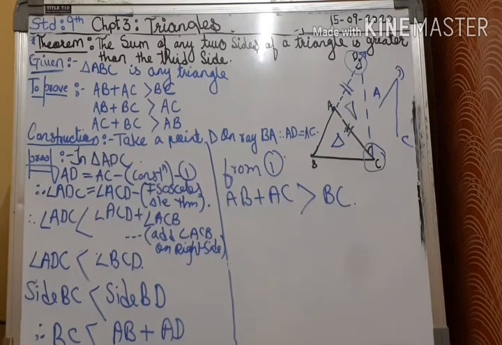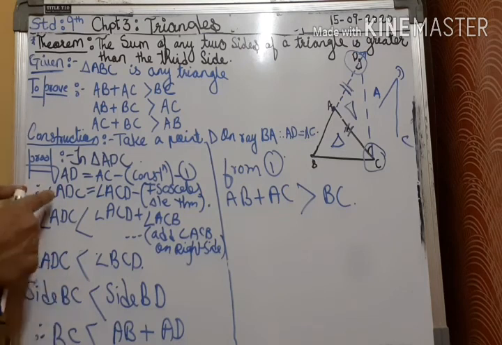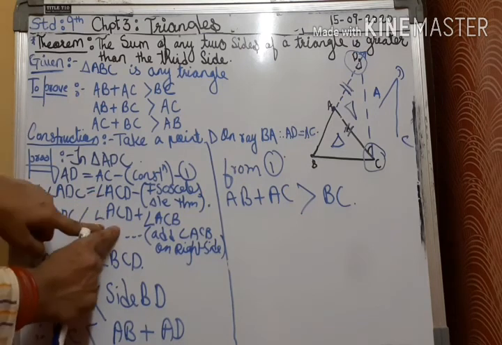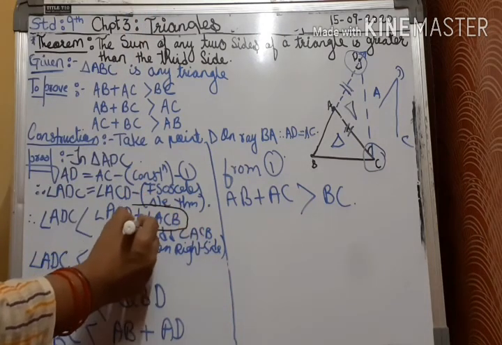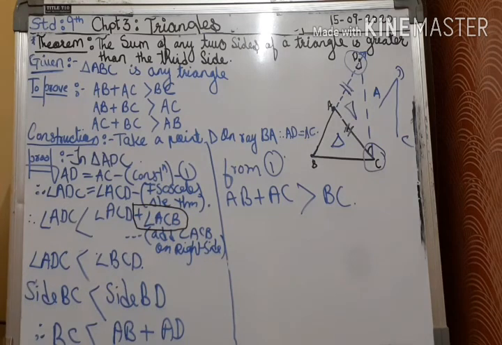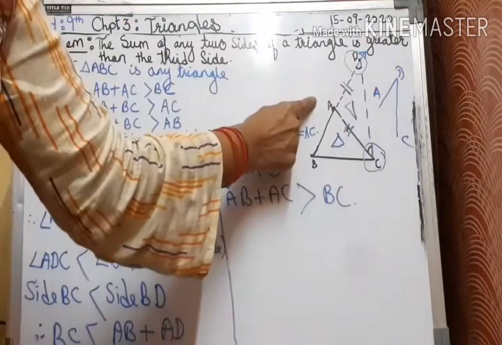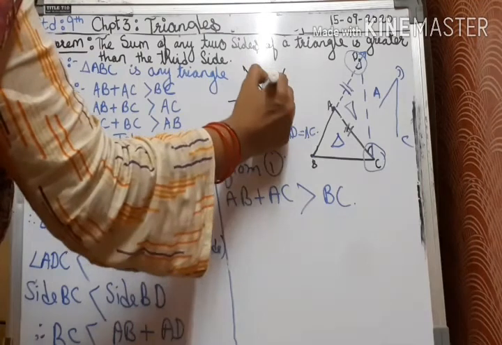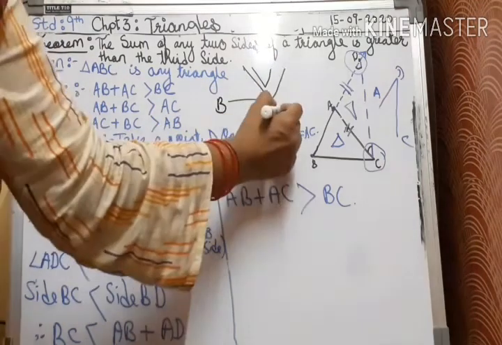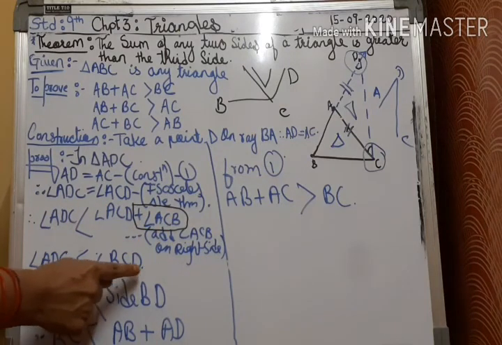We will add angle ACB on the right side: ADC as it is, ACD as it is, and we add angle ACB on the right side. ACD and ACB together make angle BCD. So in place of this we will write angle BCD.